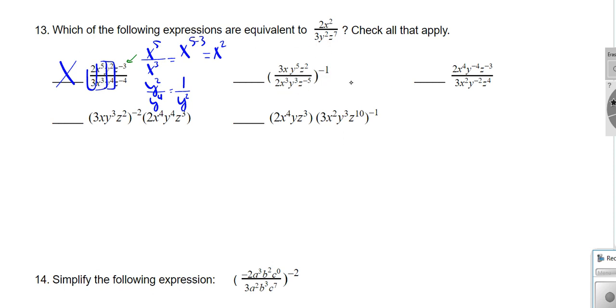So if you see that, what you can do here is simply flip everything upside down. 2x cubed, y cubed, z to the -5th. So that comes up here. This will come down here. And what happens to that exponent, the -1? It becomes positive. Y to the 5th, z squared.